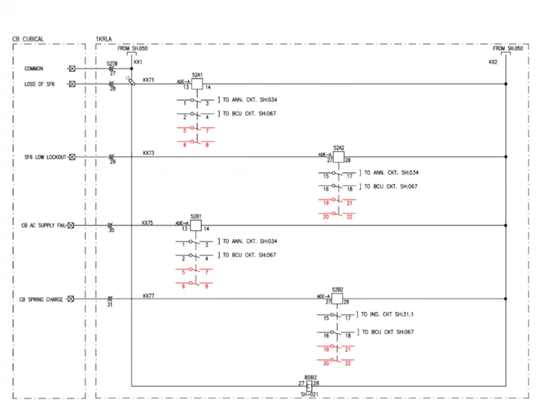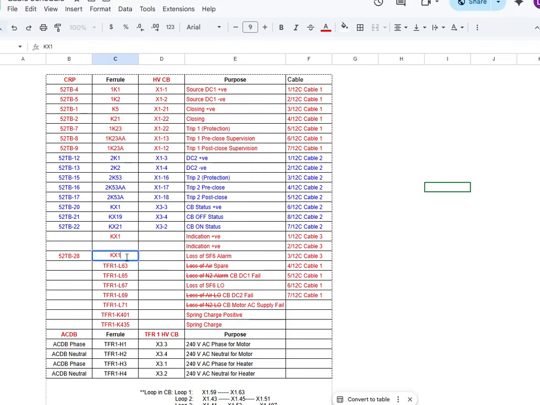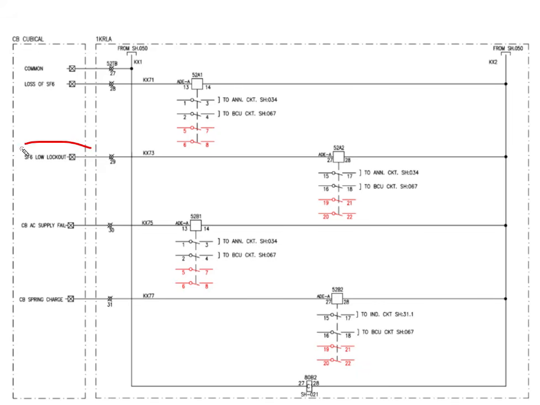The ferrule that you have used is 52 TB28 KX71. Okay, it's KX71, loss of SF6. Then again we'll see what else is there. SF6 low lockout means the breaker will go into lockout mode.